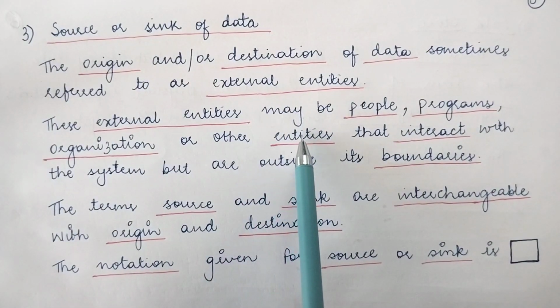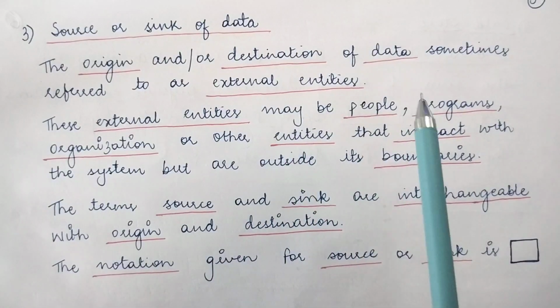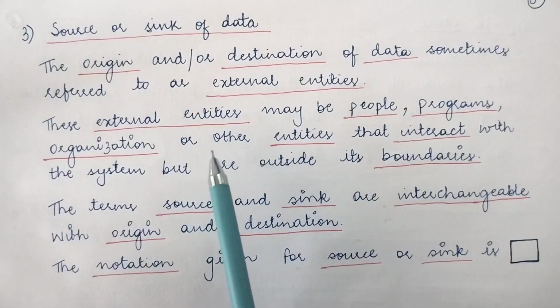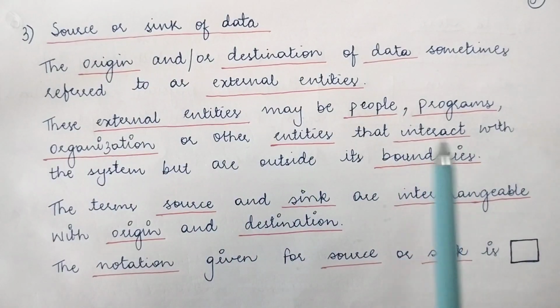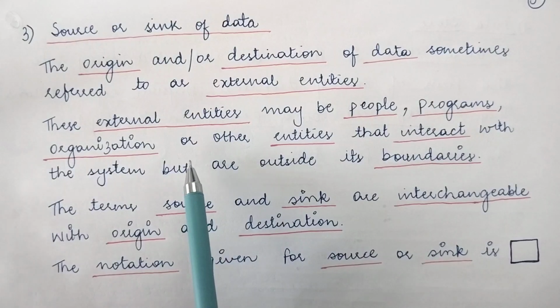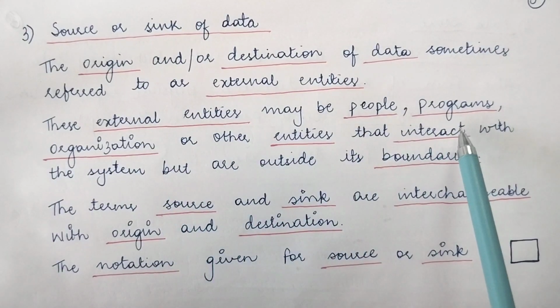These external entities could be anything. That means the source or destination of data could be people, programs, organizations, or some other entities that are interacting with the system. So anything that is interacting with the system either to give inputs or to receive output is known as an external entity.